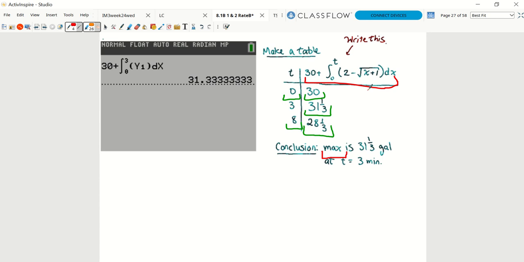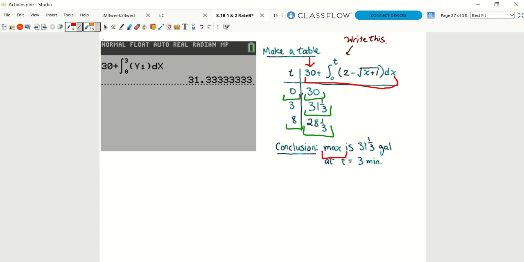Folks, this red, is that the rates or amount? It's the amount because you see an integral. If you see an integral of the rates, it returns you back to the level of amount. And a key clue is that they're plussing that 30, which is your initial amount. So this is your amount.